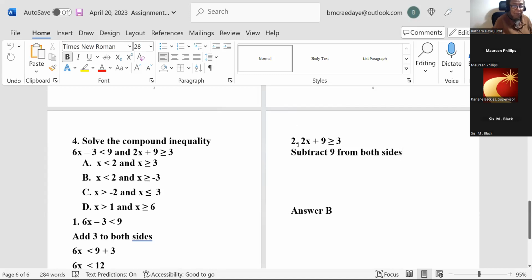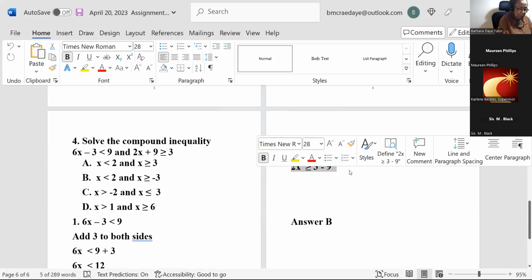Now, let's just put what you get after you do that operation. So once you subtract the 9 from both sides, the plus 9 minus 9 is 0. So this would be 3 minus 9. And what does that give you on the right side, Mercedes? I have 2x on the left side.